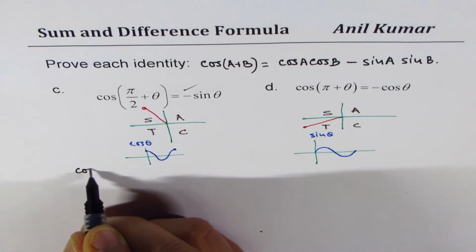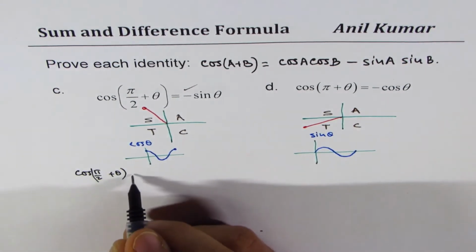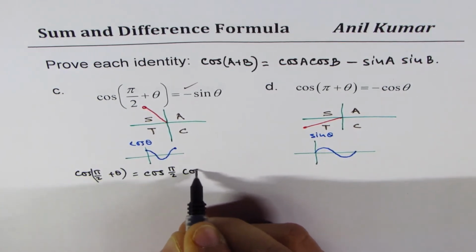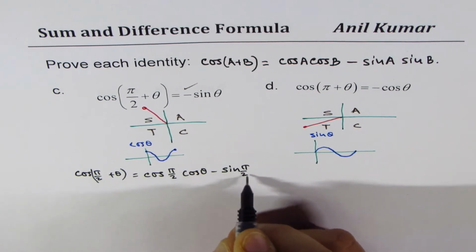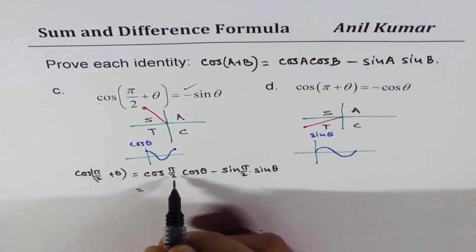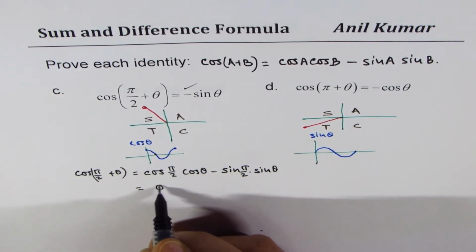So here we have cos pi by 2 plus theta. That means I could write this as cos pi by 2 cos theta minus sine pi by 2 sine theta. Now cos pi by 2 is 0, right? And so the first term is 0.